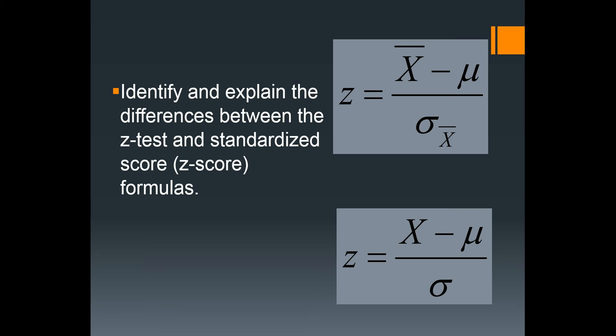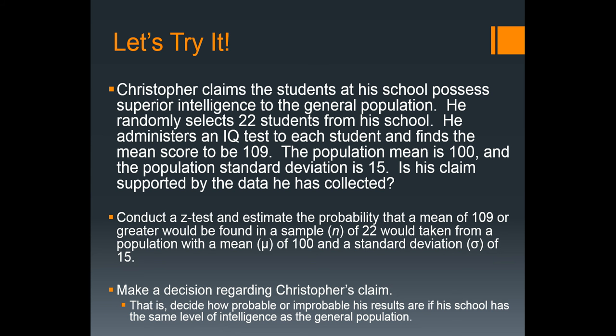So use the formula at bottom when you want to compare an individual case to see how discrepant it is in standard deviation units from the population mean, and you use the formula at top to basically test to see if there is a difference between a sample mean and a population mean in terms of standard error units, really.